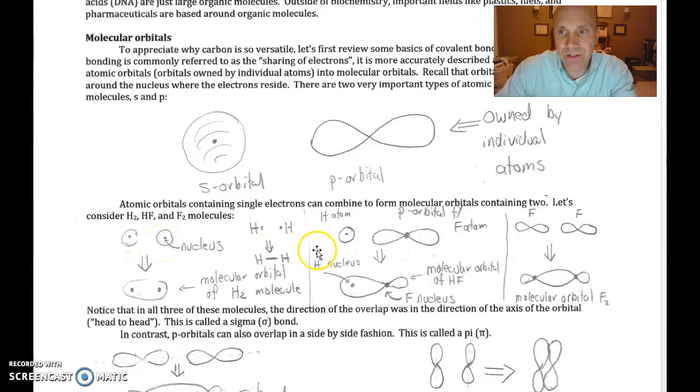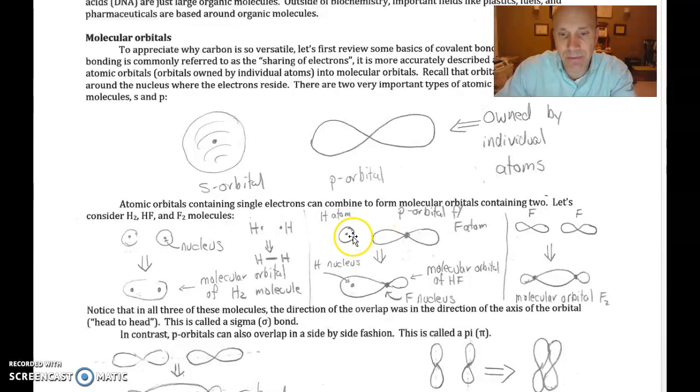All right, but we can have different types of overlaps. We could have an s orbital overlapping with a p orbital. So let's pretend that we have an HF molecule, and all I've shown is one of the p orbitals of the fluorine. There's obviously a lot more orbitals of that fluorine atom. But when these things make a bond, there's a single electron in the hydrogen atom, and there's a single electron in one of the p orbitals.